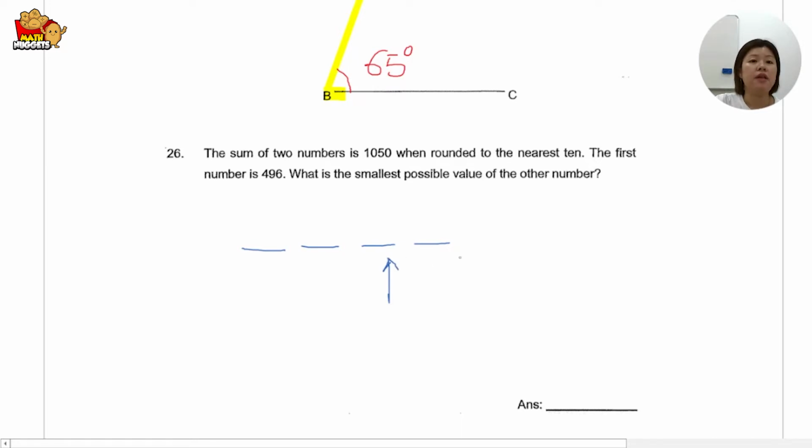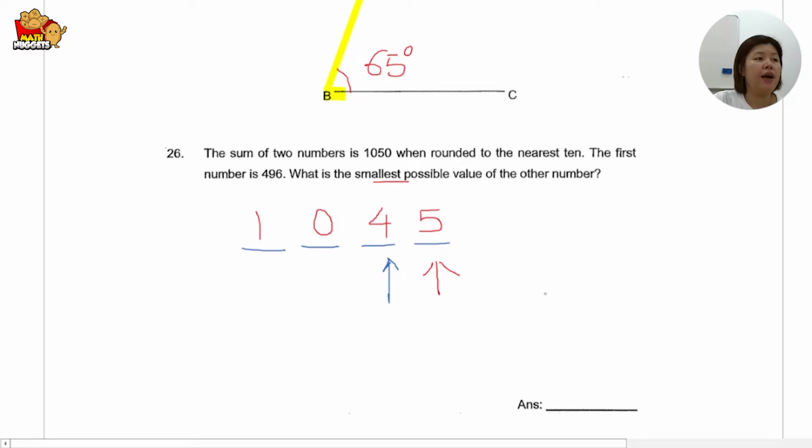And I need to, when I round off, I need to see my neighbor, which is my ones place. So the first two digits remain the same. Since they want the smallest value, and it rounded off to 1050, so this one must be the smallest, and this must be a 5.